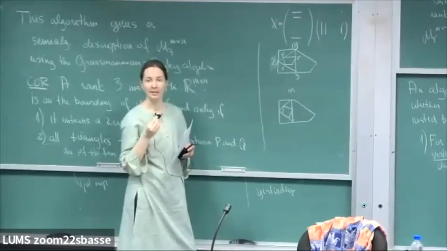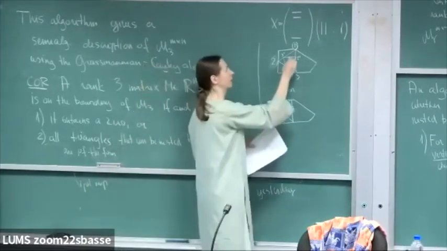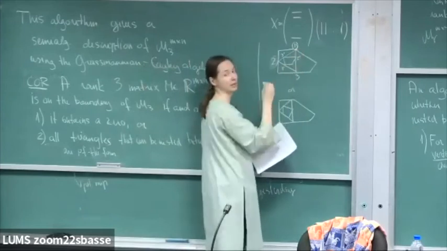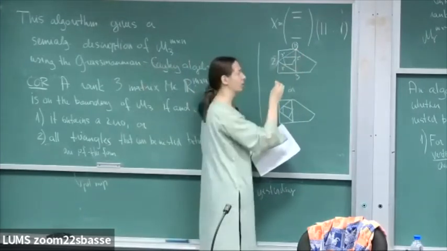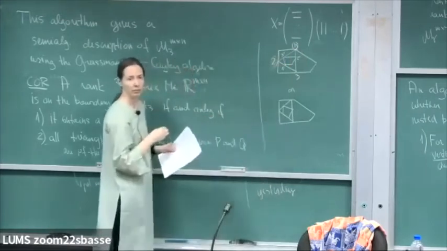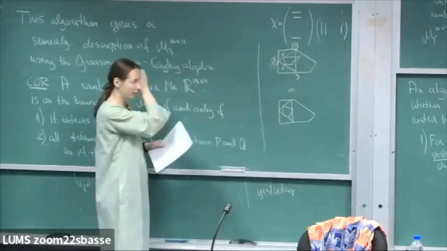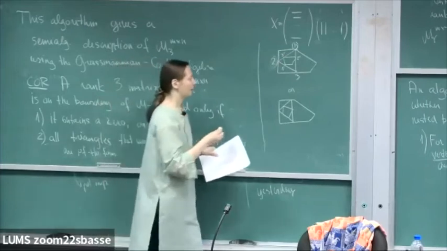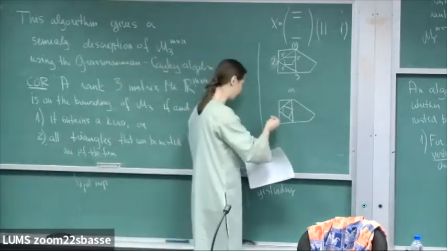So we actually have 7 incidence relations, because I count this as a double incidence relation. This vertex is really on 2 different edges. The second configuration is almost the same.